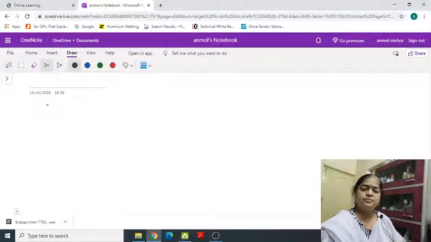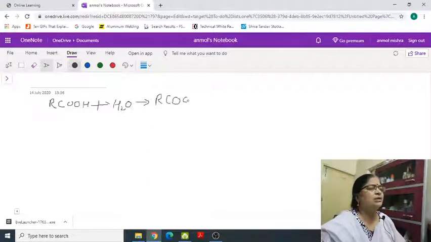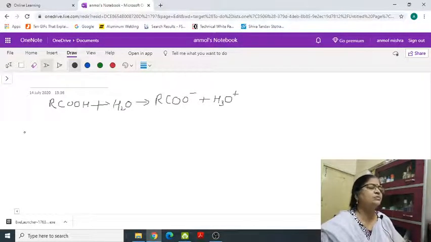Now the carboxylic acid dissociates in water to form carboxylate ion and hydronium ion.